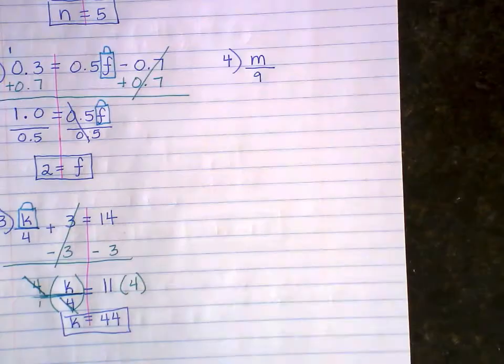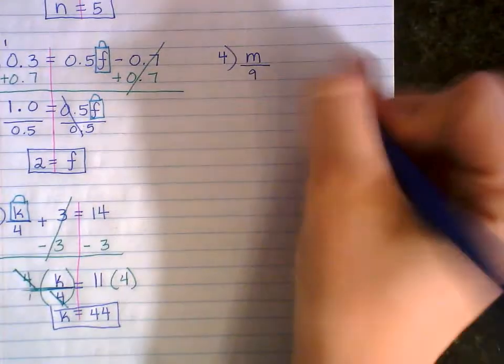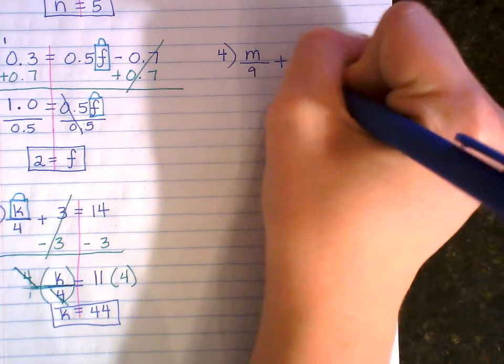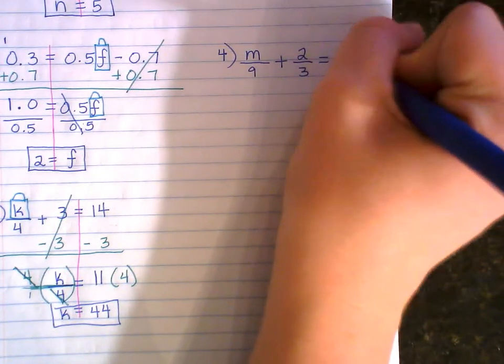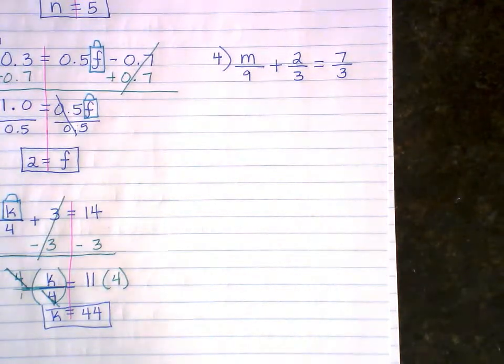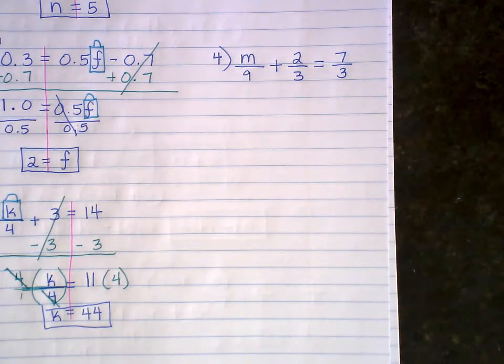So m divided by 9 plus 2/3 equals 7/3. So pause the video and try to solve this one on your own.